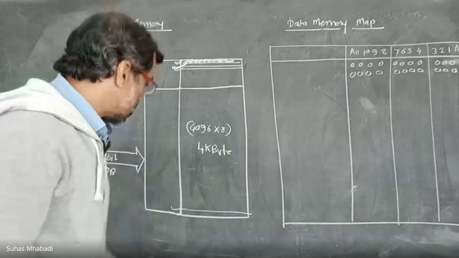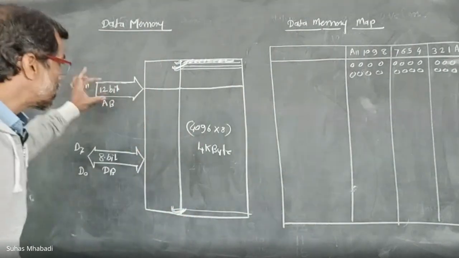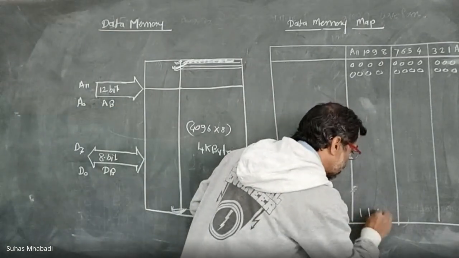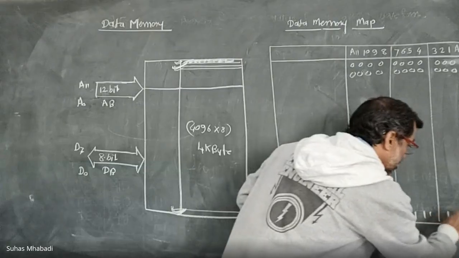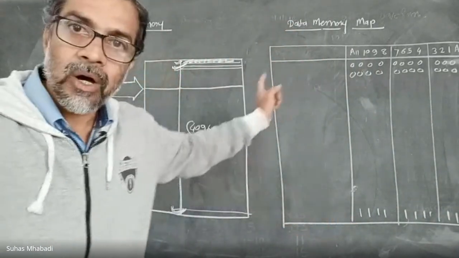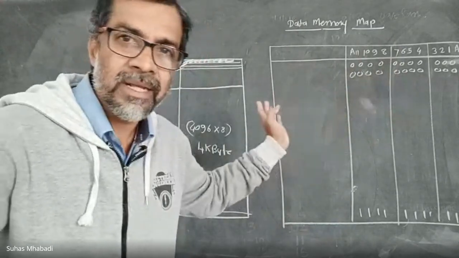Similarly, to communicate with the last register in this entire map, all the address lines must be 1, like this: 1, 1, 1, 1.